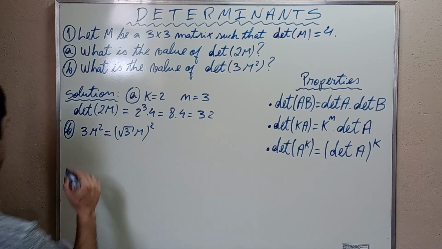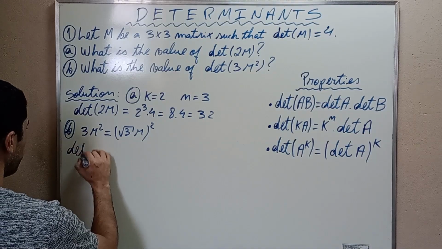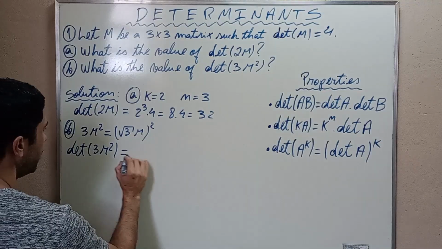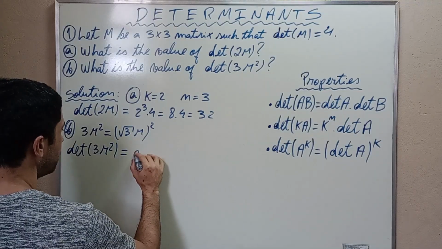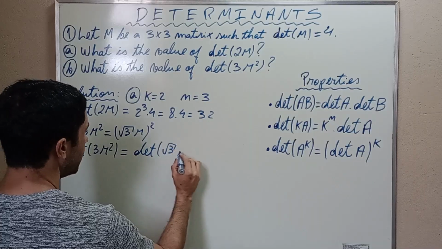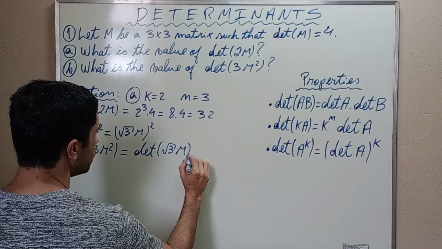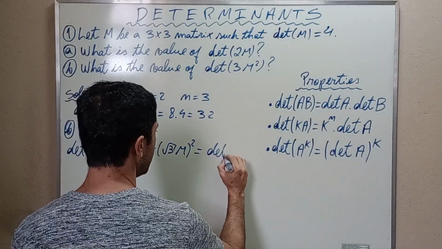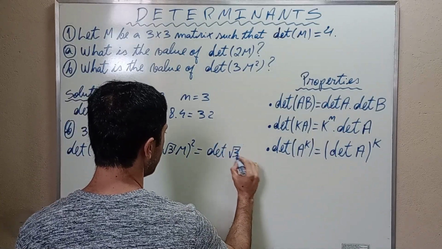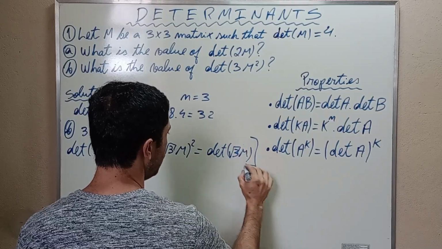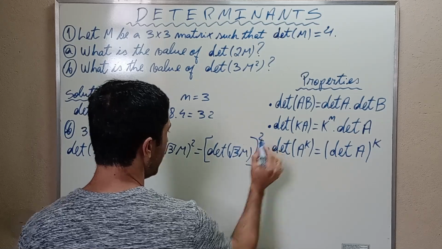Thus, the determinant of 3M squared is equal to the determinant of the square root of 3 times M, squared, and this is equal to the determinant of the square root of 3 times M, and this all squared, okay?